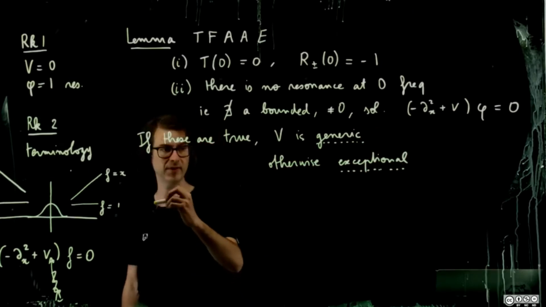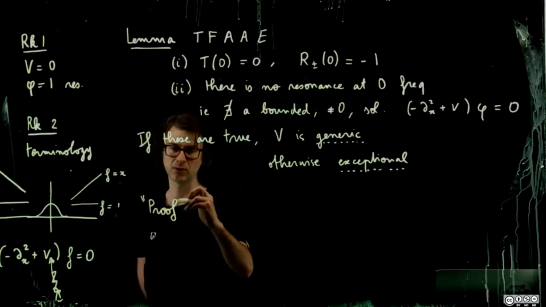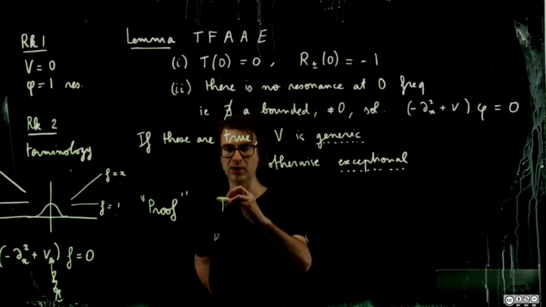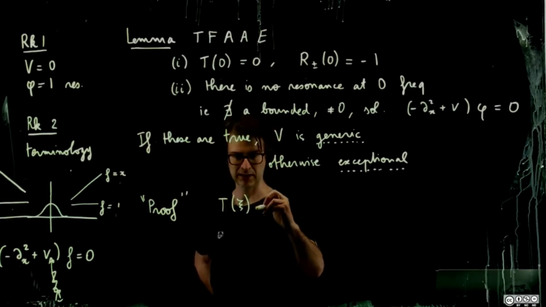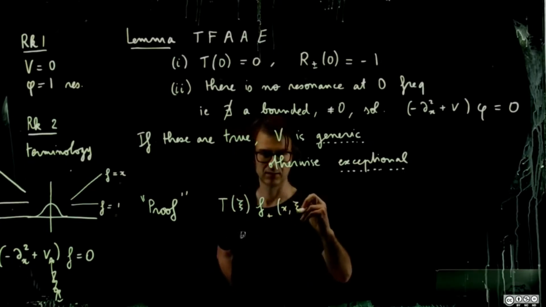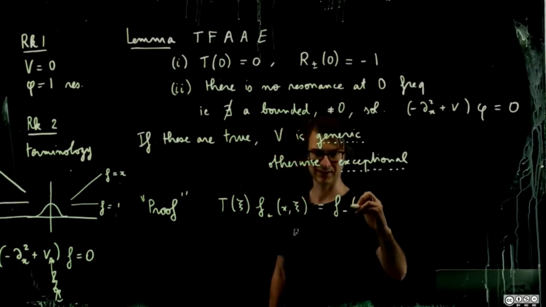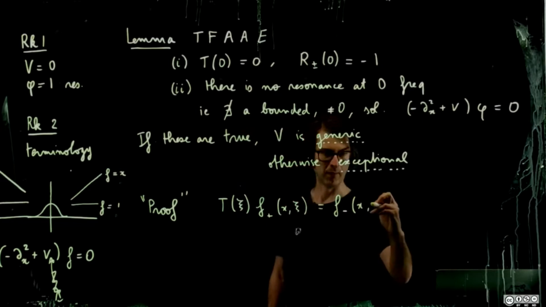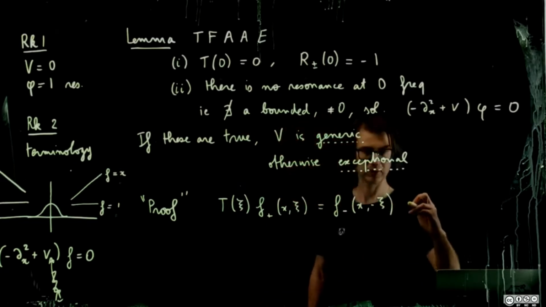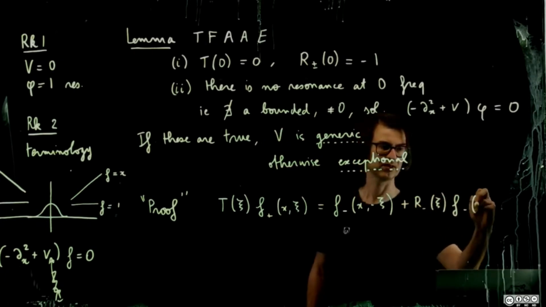Okay, so maybe let me not give a proof, but a caricature of a proof. So we start from the formula T of xi f plus of xi equals f minus of x minus xi plus R minus of xi f minus of xi.